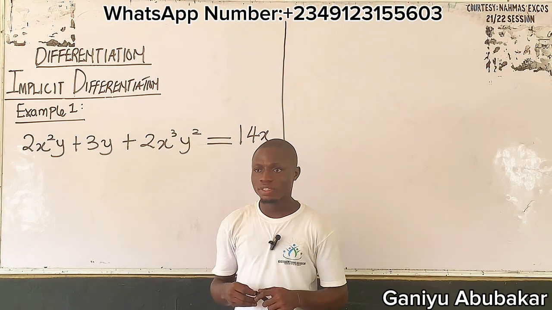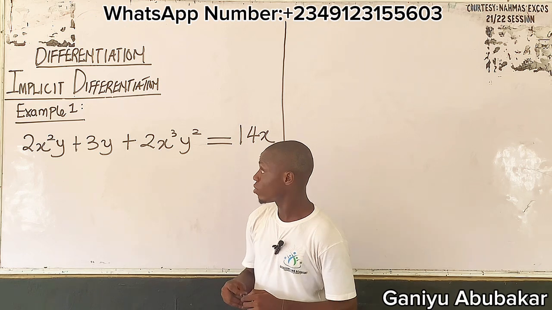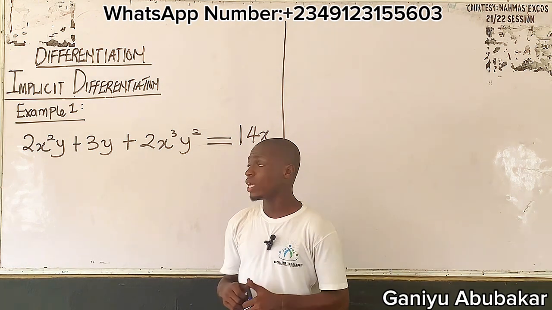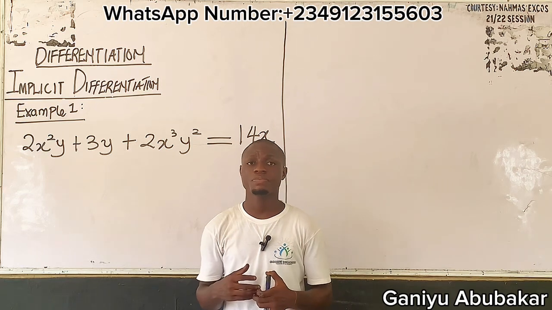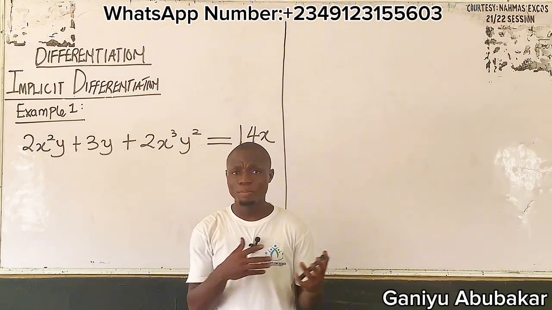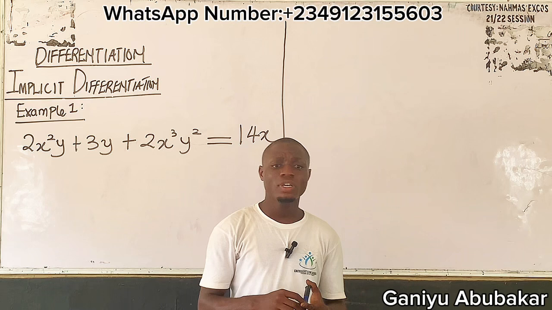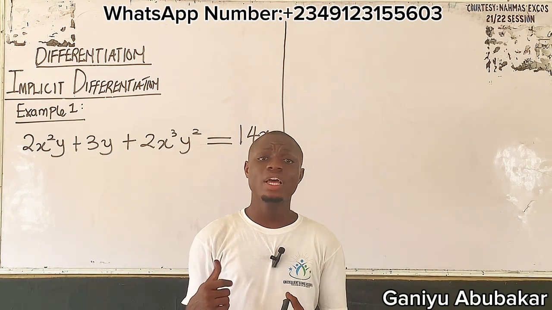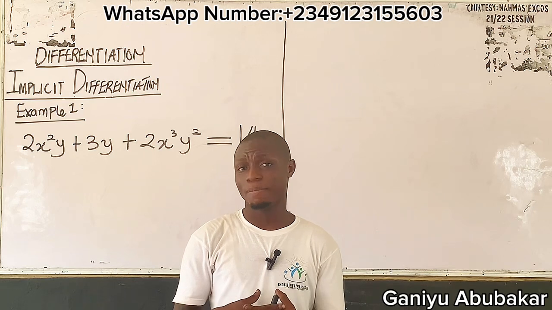Let's consider the sixth method of differentiation, known as implicit differentiation. When it comes to implicit differentiation, it's crucial to note that x and y are placed together.